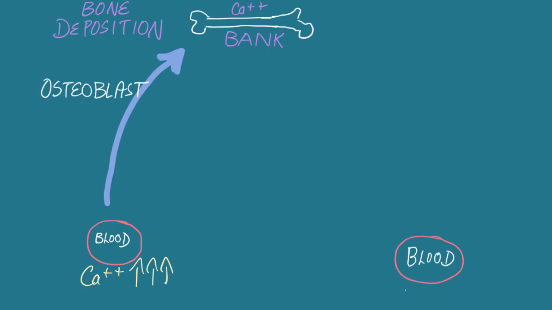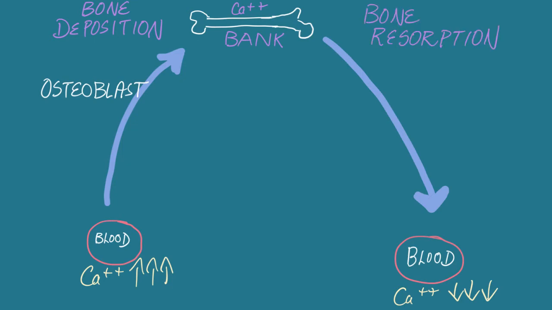So, if you have too little calcium in blood, then you would want to withdraw the calcium, and this is brought about by osteoclast activity. And we call this bone resorption, the bone releasing the funds, or bone releasing the calcium. So it's called bone resorption and it is brought about by osteoclast activity.